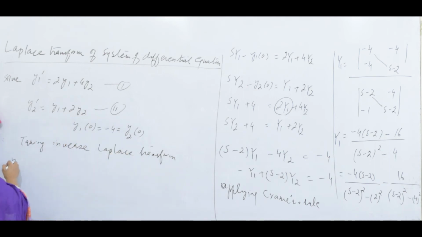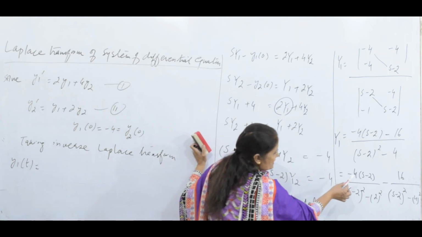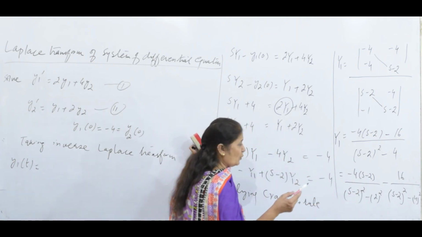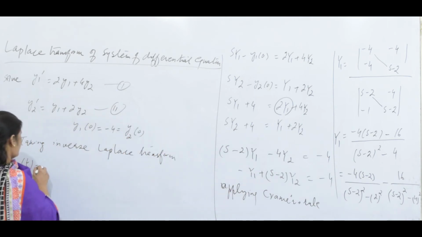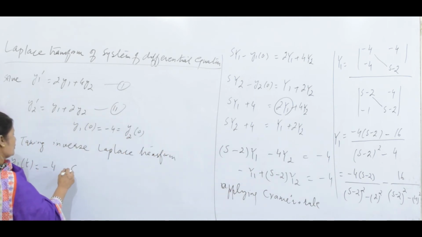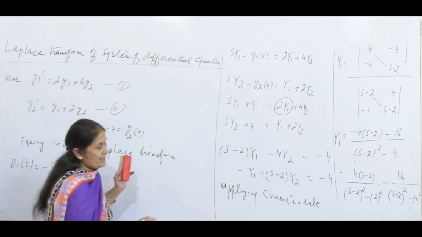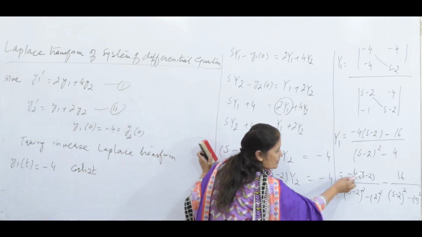So y1 is done now. Look at that. This is s over s square minus a square, something hyperbolic. So minus 4 cos hyperbolic 2t, but s is replaced by s minus 2 everywhere.